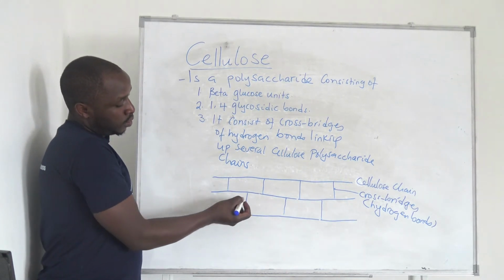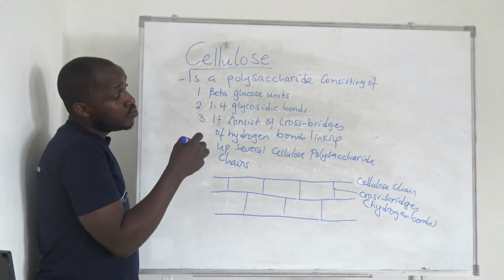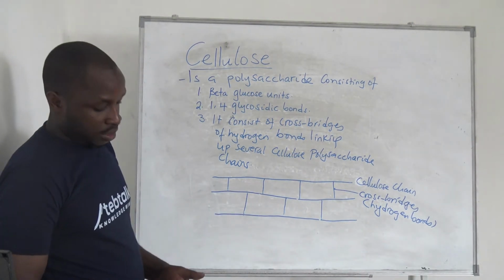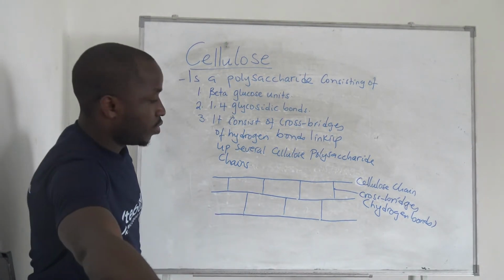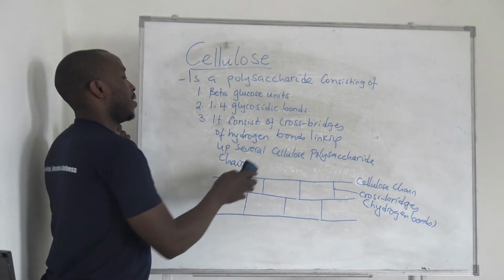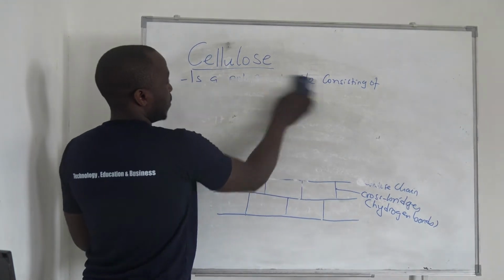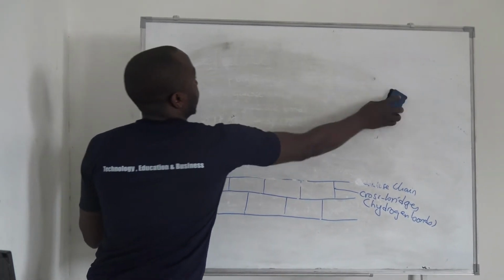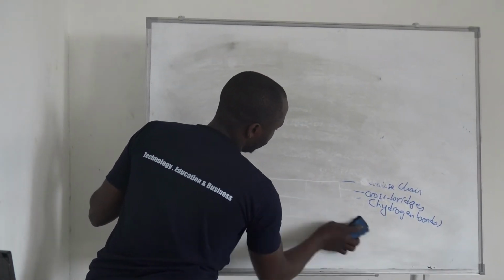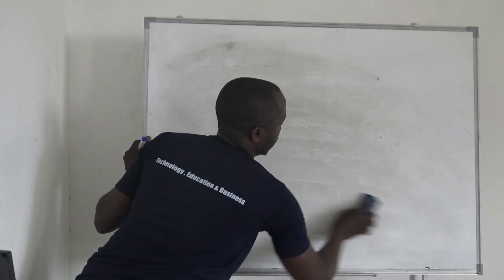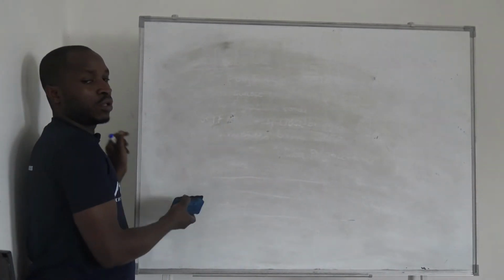So these cross linkages, how do they arise? Let's also focus on that. How do they arise in the molecule?